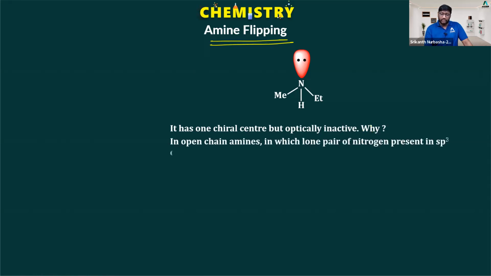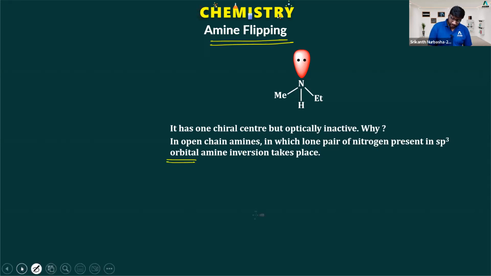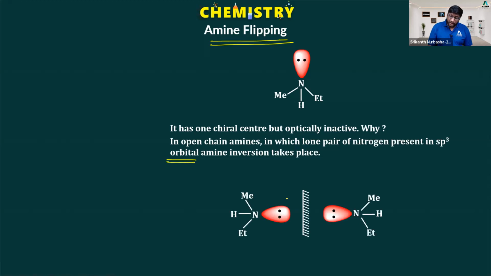Why? Whenever we have one chiral center, it should be optically active, but here it is optically inactive. Why? In open chain amines in which the lone pair of nitrogen is present in an sp3 orbital, amine inversion takes place. That means rapid inversion of one amine into the inverted product takes place, and you will have 50% of this and 50% of this.